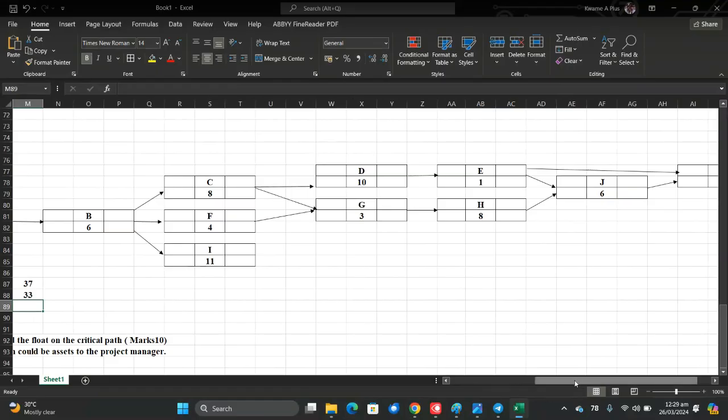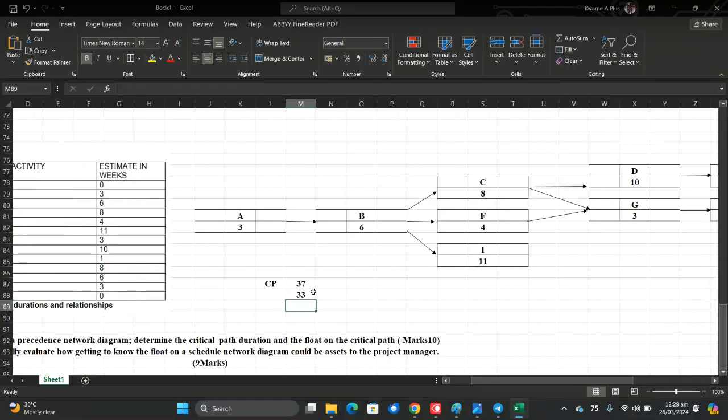So we have 33. We can tell that the critical path method is moving upward. But the 11th one, let's do that one.